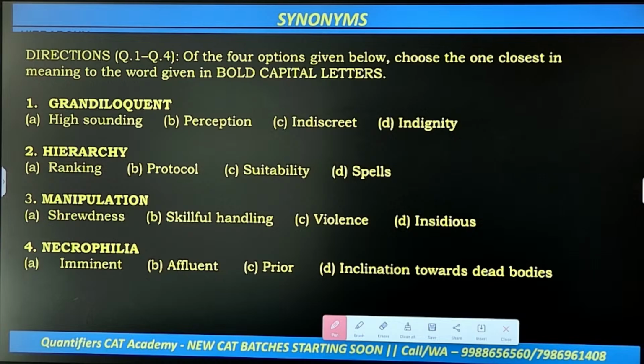Okay, shall we? So I've got a couple of answers: 1A, 2A, 3B, 4D. 1A, 2A, 3D, 4D. Okay, let's discuss these questions.